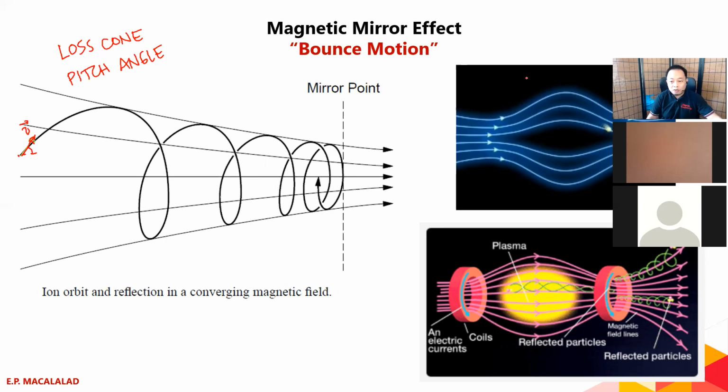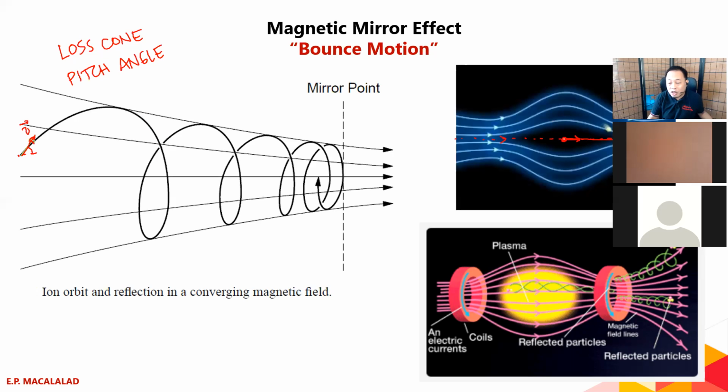So for example, if a particle here moves in this direction, and in this area the magnetic field is in this direction, kung ang particle mo moves parallel to the magnetic field, it will not experience magnetic force anymore. So it will not gyrate. It will just continue to move in this direction. Hindi siya magbabounce.